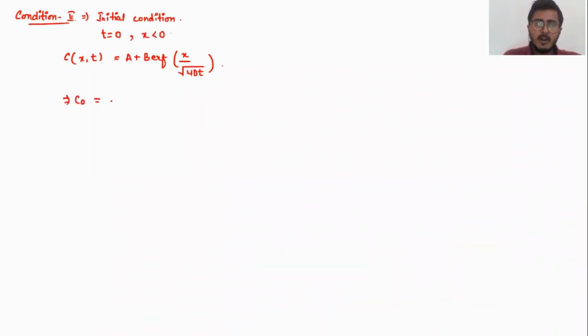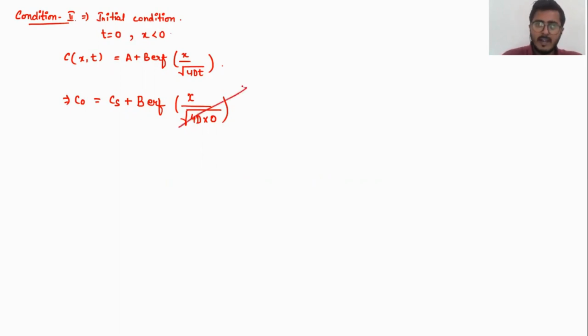So the concentration C naught is equal to A, which we have just now calculated as CS, plus B times the error function. Now, since it is less than 0 but we don't know any specific value, let us take it as x only, divided by under root 4Dt. Since 0 is present at the denominator, it is definitely going to give me an infinite value.